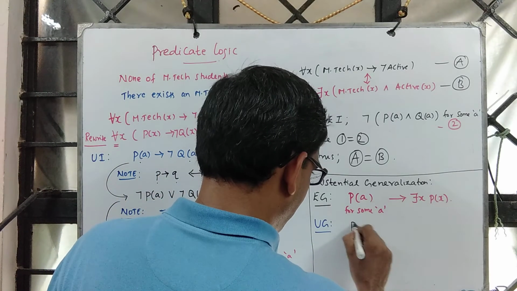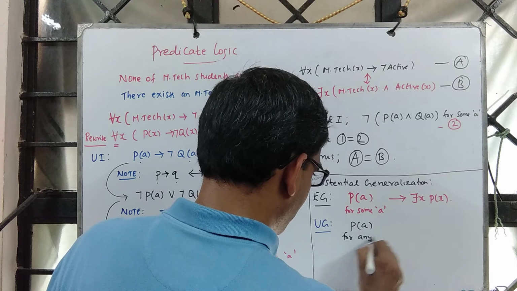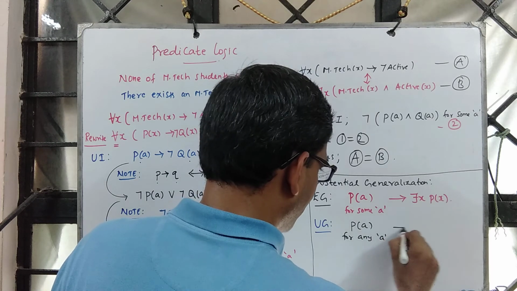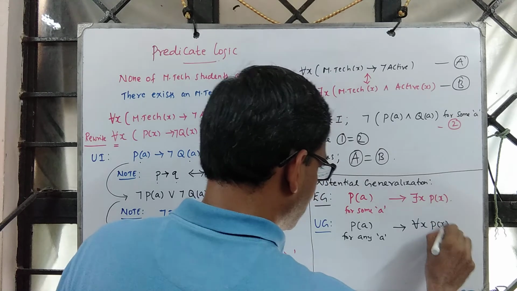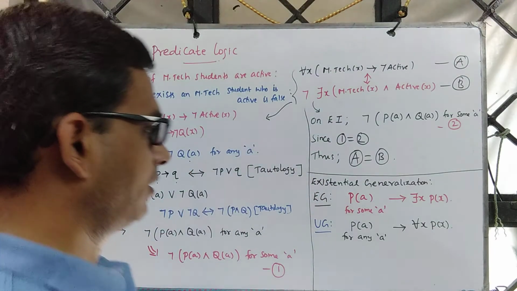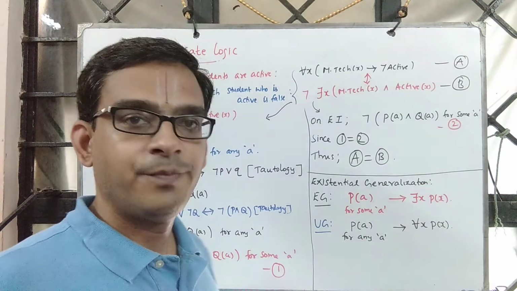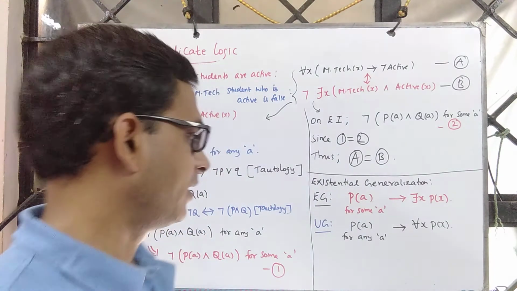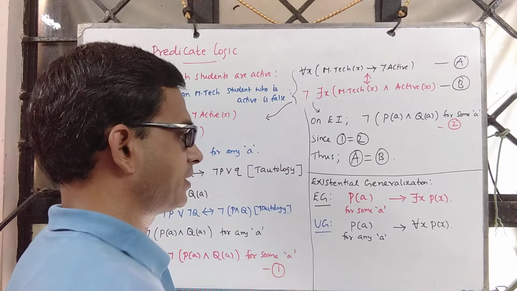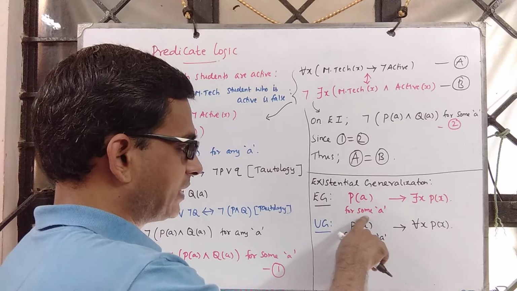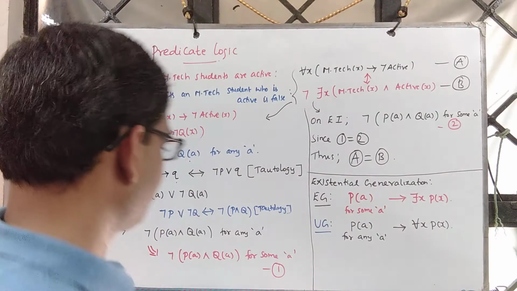We say P of A for any A. Then this becomes for all X, P of X. You have a proposition, say P of A, and it is true for any A. Then what can you imply? You can imply for all X, P of X. If it is true for some A, then you can imply there exists X, P of X.